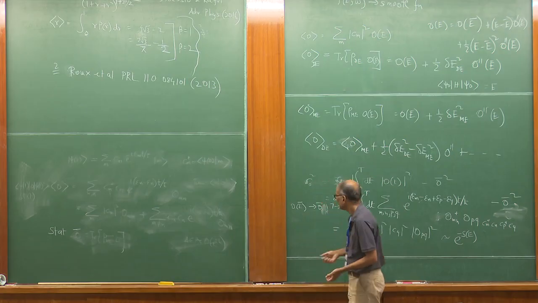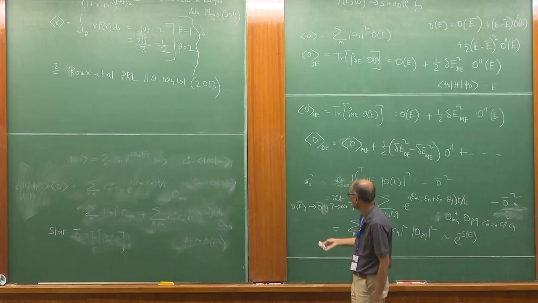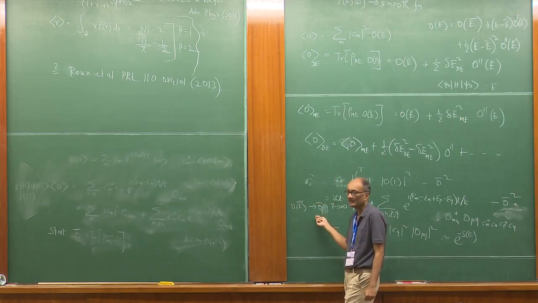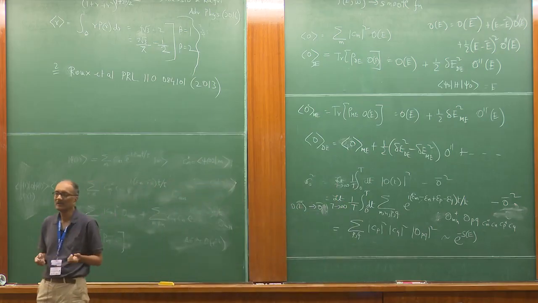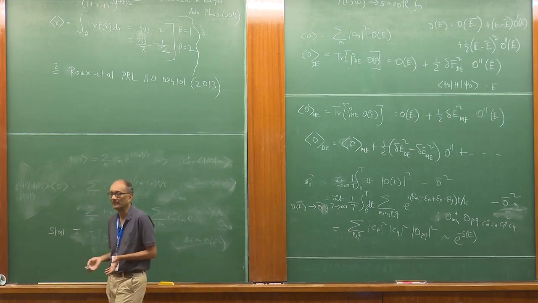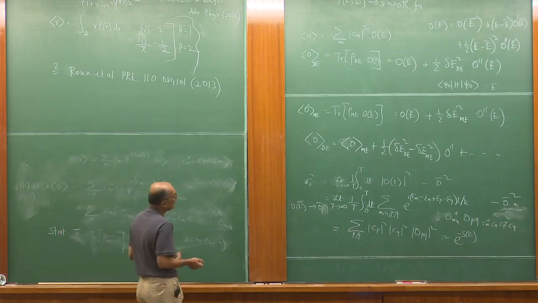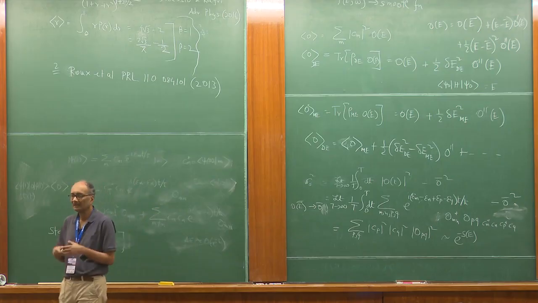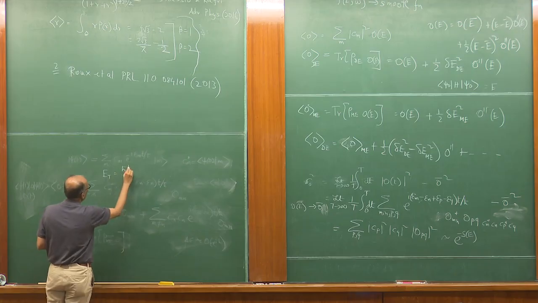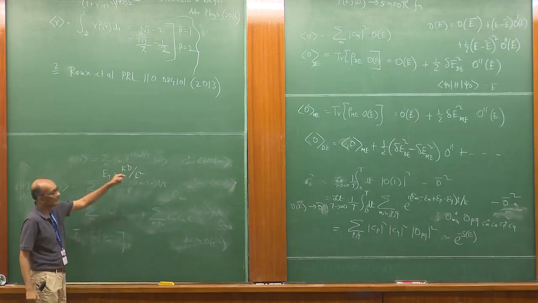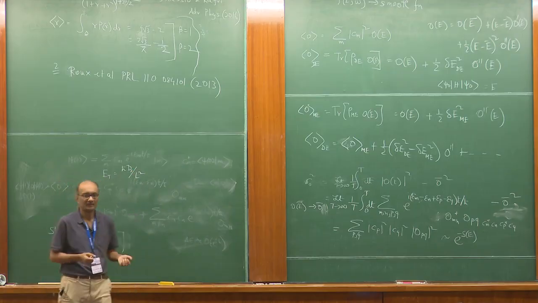Sorry, O of E, not E bar. I mean, the energy of these states within that energy window. And then in that limit, ETH and RMT, random matrix theory, are going to coincide because the energy dependencies go away. So what is this energy scale? If you have a diffusive quantum system, it turns out that this scale is called the Thouless energy, E_T, which goes as ħD over L squared, where D is the diffusion constant.